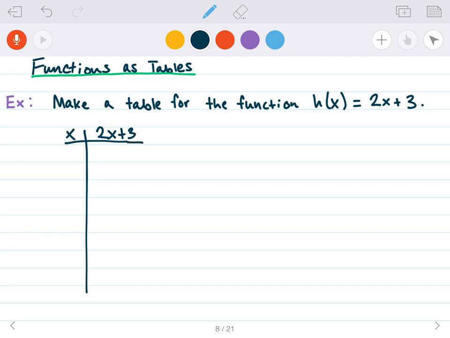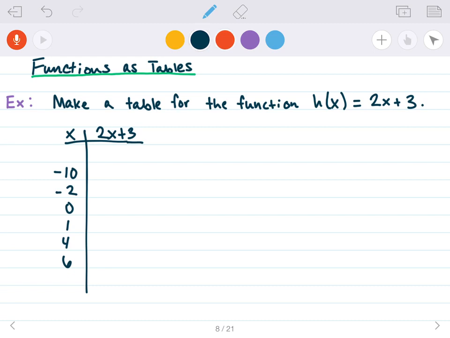For the inputs, we can just make up numbers because we weren't given specifics. So maybe -10, -2, 0, 4, 6. We have to make up the inputs, but then the rule is going to tell us what the corresponding outputs are.